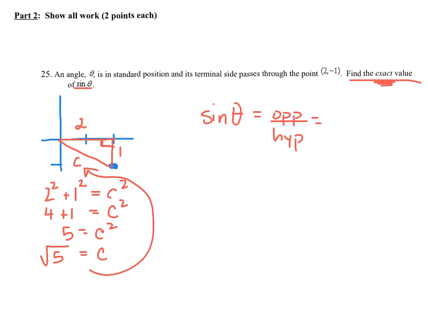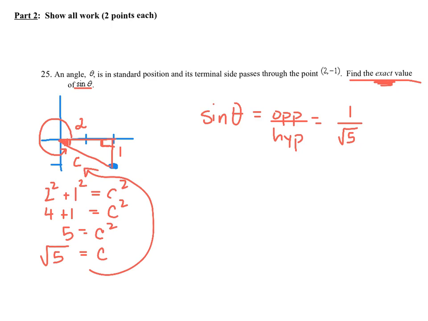So we start on the positive x-axis and we would work our way around. And then the reference angle to that angle that I just drew would be this angle right here inside that triangle. So when I refer to opposite over hypotenuse, I'm referring to the side that is opposite that reference angle. So that would be 1 over the hypotenuse, which is radical 5.